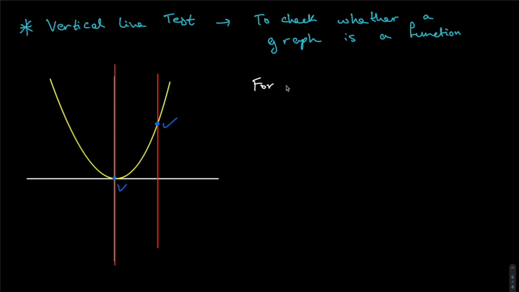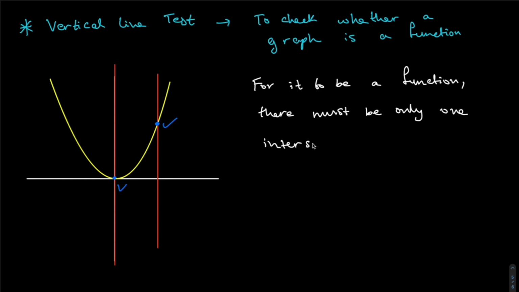Now if I have to define this, for it to be a function, there must be only one intersection point, which means it passes the vertical line test, and it's a function.